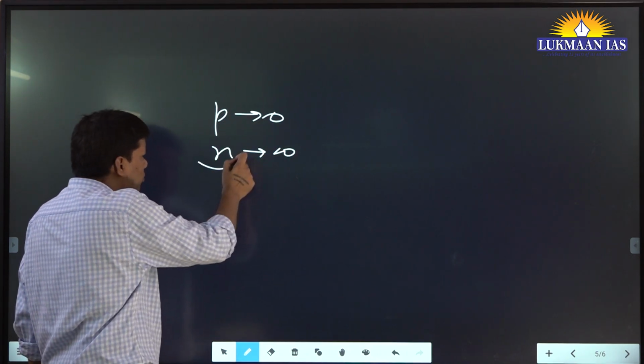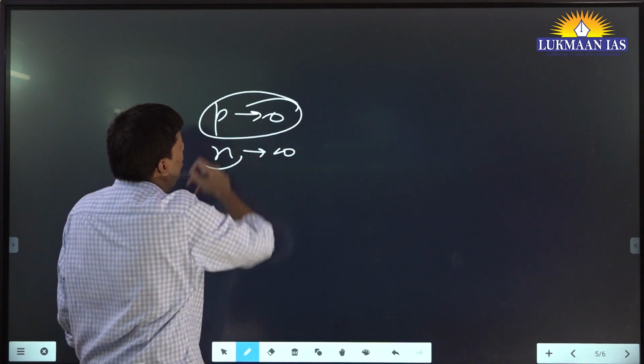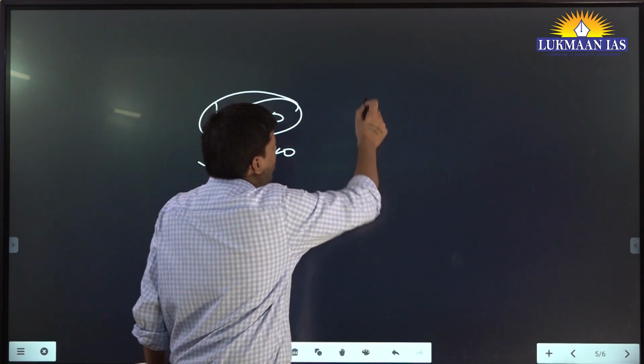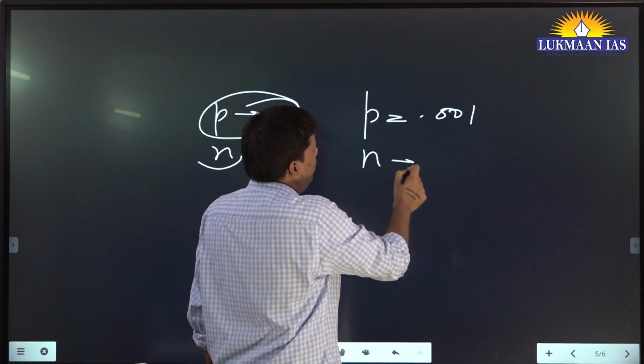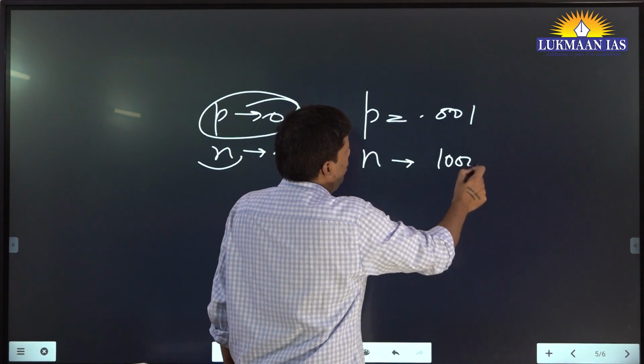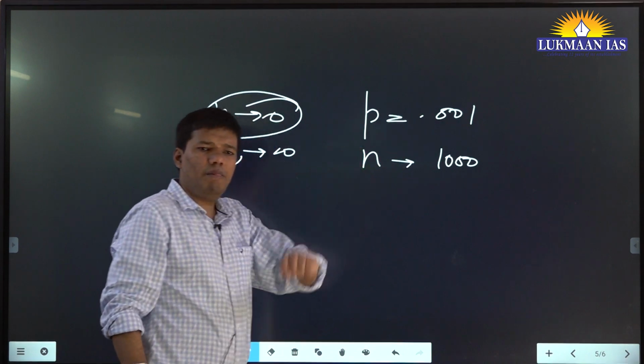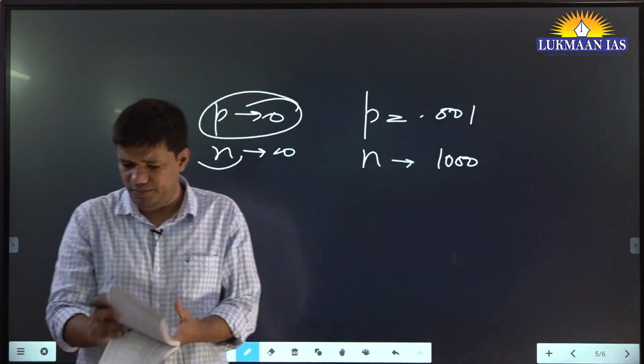When your number of observations is very large and your probability is very, very small. Let's say in an examination you get a probability like 0.001 and your number of observations is, let's say, 1000. Then you will apply Poisson approximation to binomial.